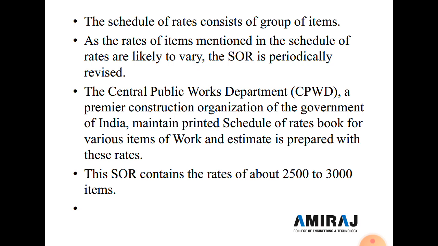This SOR contains rates of about 2500 to 3000 items, and in the CPWD SOR the items are covered under different subheads, like building work, road work, water supply, sanitary, or railway works. So all the works are given in different subheads in a SOR.